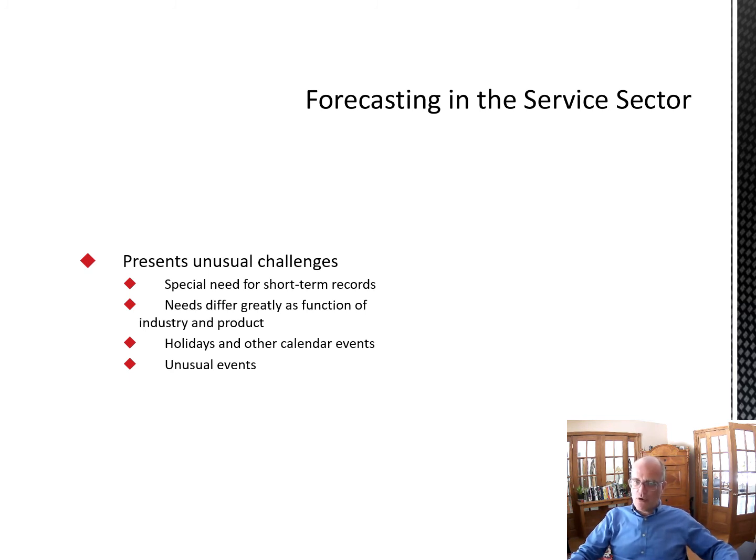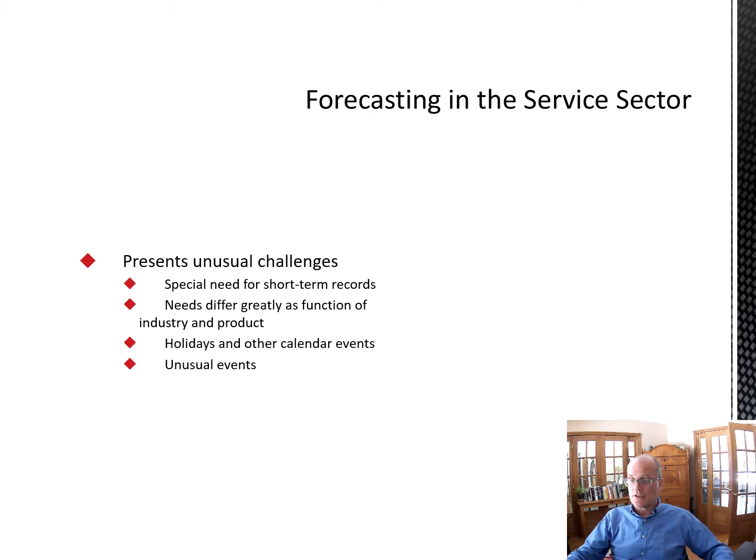We also have more variability in the experience of service, so it's much less tangible and more difficult to forecast, and that also becomes important. For example, a grocery store might forecast how long it takes to check someone out. Well, there are factors that can affect that.